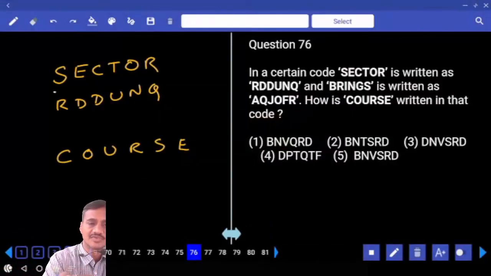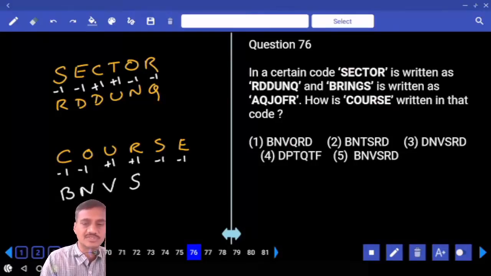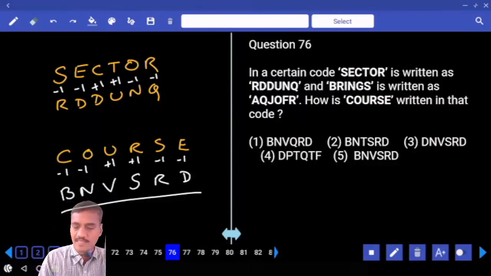Here the difference is -1. C and D, +1. O and N, -1. And similarly here again -1, -1, +1, +1, -1, -1. C -1 is B, O -1 is N. U +1 is V, R +1 is S. S -1 is R, E -1 is D. B N V S R D, choice 5, question number 76.